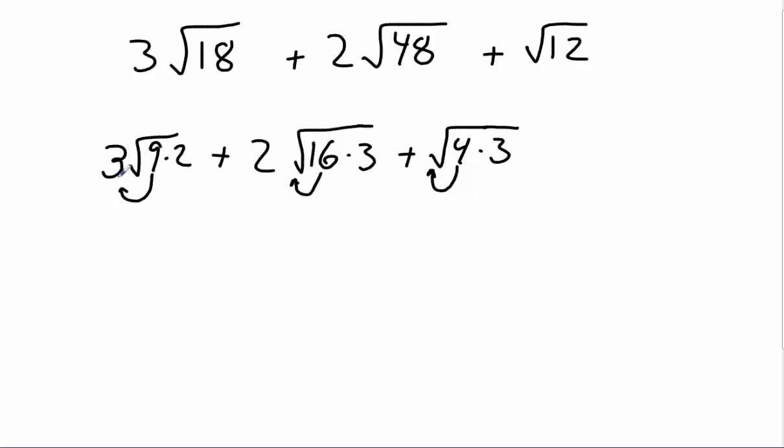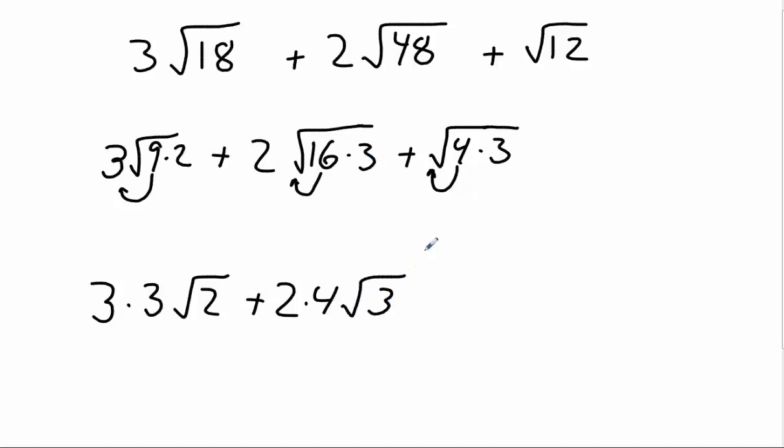The only tricky thing here is there's already a 3 out front of our radical symbol. So it's 3 multiplied by this radical. So when the 9 comes out and becomes a 3, it becomes 3 times 3 radical 2, because the 2 is left over. Likewise here, the 2 is being multiplied by the radical. So when the 16 comes out and turns into a 4, it becomes 2 times 4 radical 3, because there's a 3 left over. Plus 2 radical 3, because when the 4 comes out, it turns into a 2 because you take the square root of it.